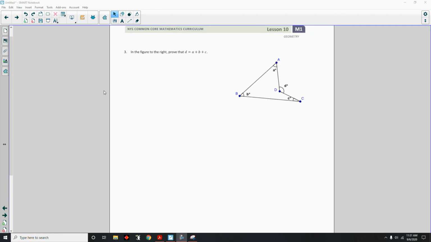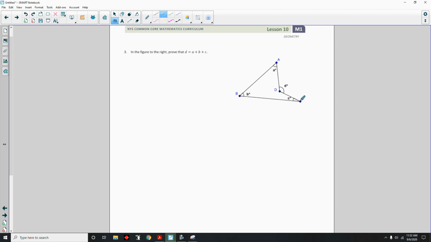Okay, page 4 brings us to problem number 3, and we want to prove that angle D, this angle here, is equal to angle A plus angle B plus angle C. Given? Nothing. Okay, so how do we start a proof where we have no givens, we have no parallel lines, we just have a weird shape? Well, here's what I would do.